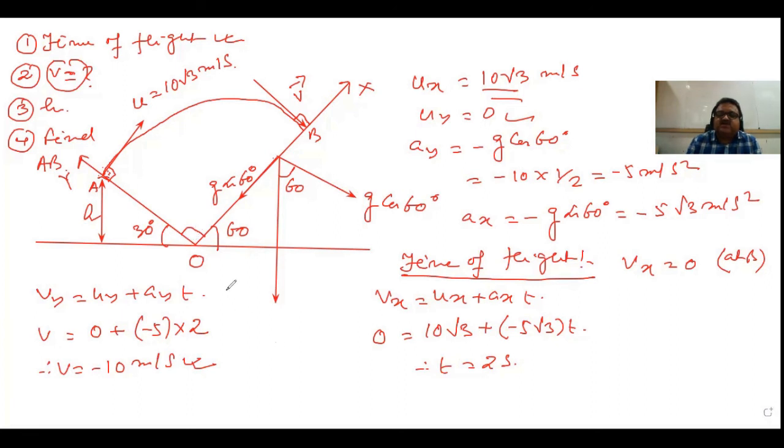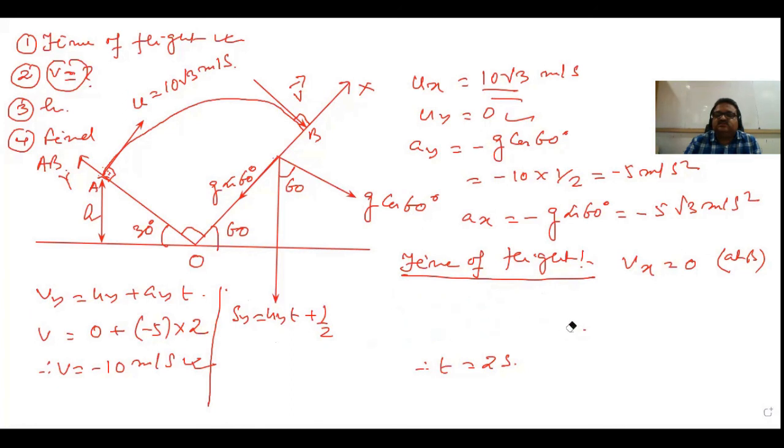So I can find this by using the formula of vertical motion. Look, the initial vertical velocity is 0. So using this formula, Sy equal to Uy t plus half Ay t square. What is Sy? This.